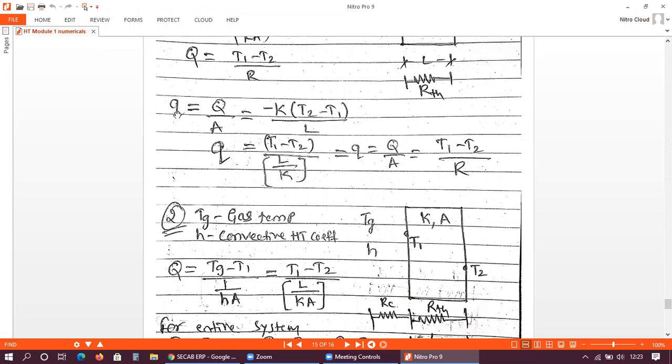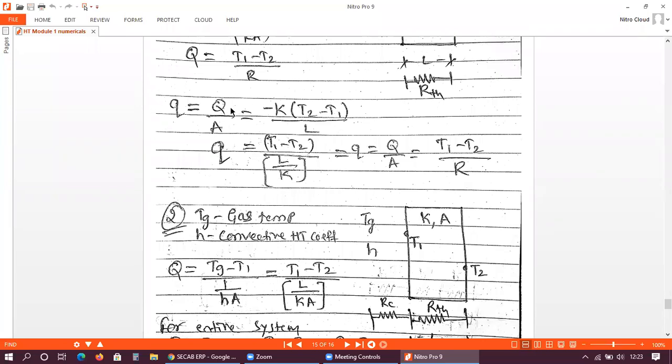This heat flux is given by Q by A. The unit for capital Q, the rate of heat transfer, is W, that is watts, or kilowatts. Whereas for small q, we use the unit watt per meter square.